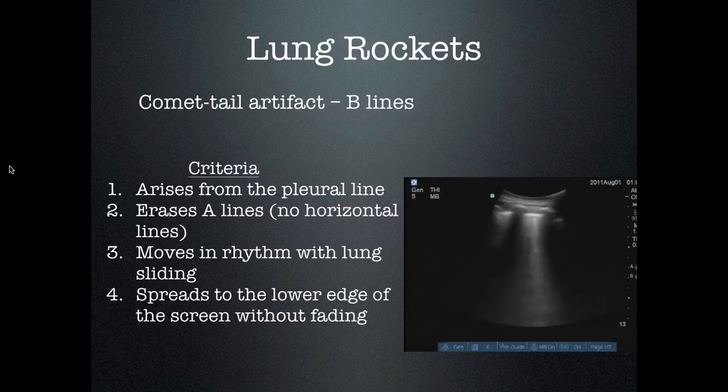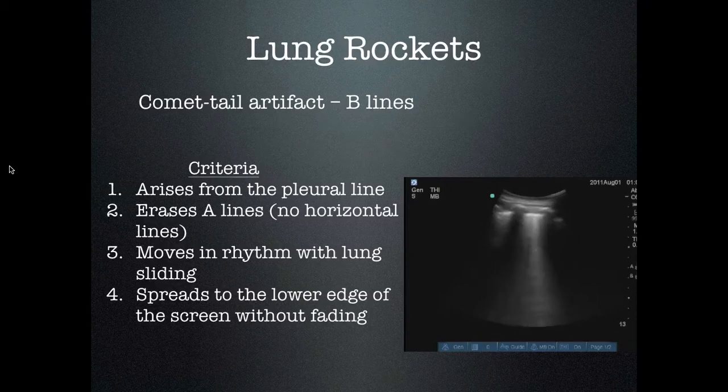There must also not be horizontal lines. In normal lung, you can have a reverberation artifact where you have multiple horizontal lines going deeper onto the ultrasound screen. If those are present, along with vertical lines, the vertical lines are not B-lines or comet tail artifact. A-lines can be normal. A B-line will erase a normal A-line.